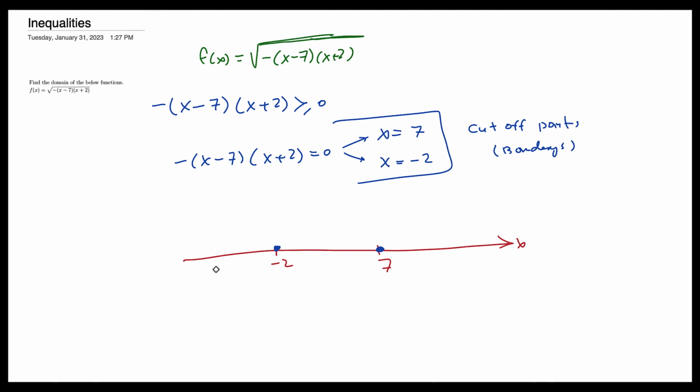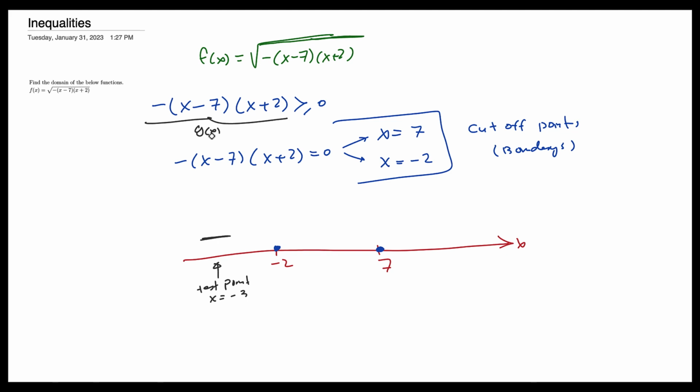Let's say a test point less than negative 2 would be x equal to negative 3, for example. If I plug in, it would be minus the quantity minus 3 minus 7, which is minus 10, that's positive 10, times the quantity minus 3 plus 2, which is minus 1. It would be a negative value for the inside polynomial.